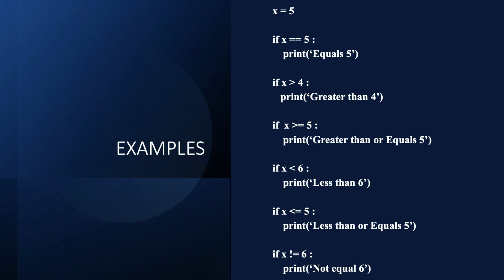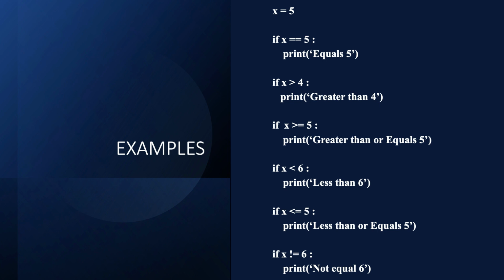Following this, we have a condition that combines two comparisons using the OR operator. It checks if x is either greater than or equal to 5. Since x is equal to 5, we execute the indented code, and the output will be the string greater than or equals 5. We then check if x is less than 6, which is true, so it prints less than 6.